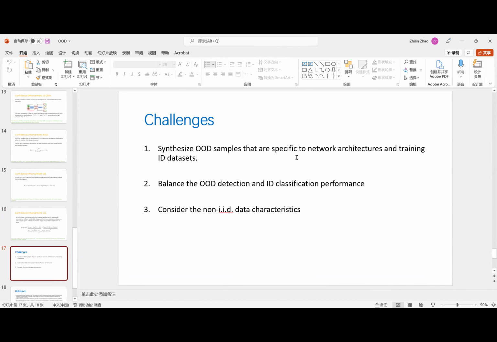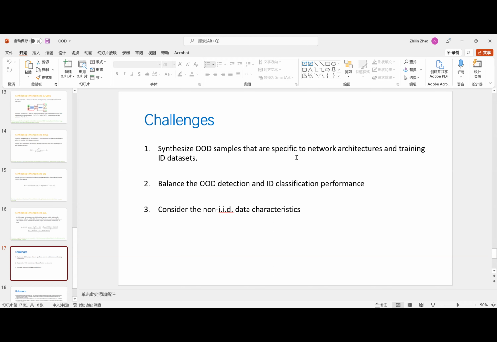What does that mean? If you want to introduce OOD samples in the training phase to improve OOD sensitivity, I believe you have to generate OOD samples specific to your networks.